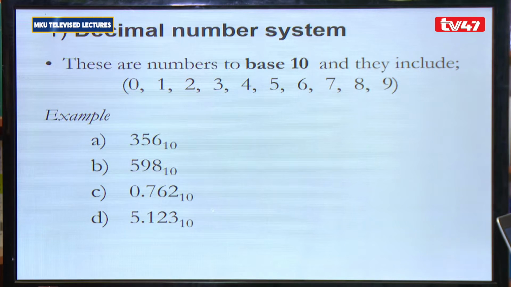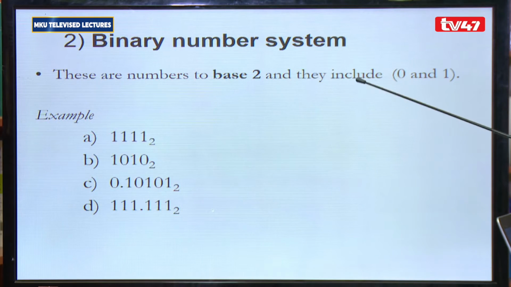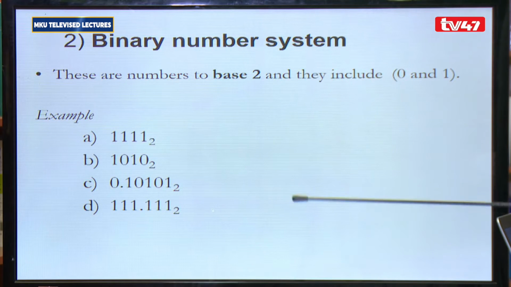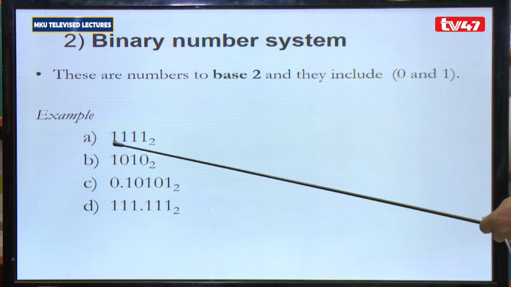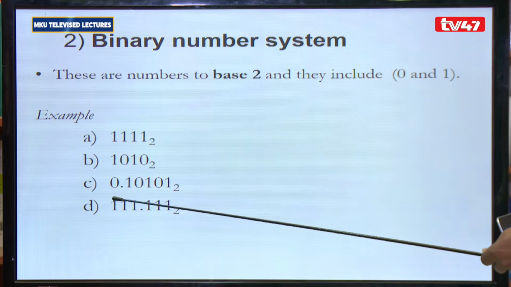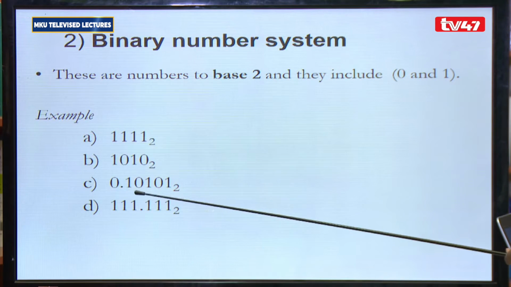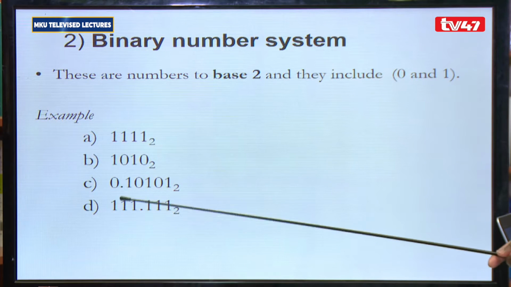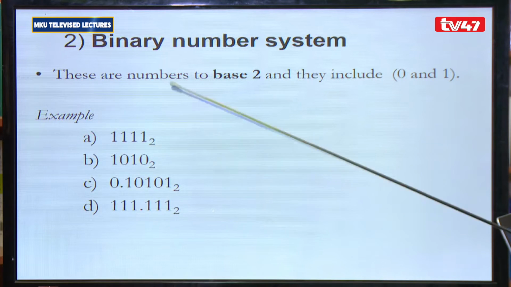So for simplicity, computers are designed using the binary system, which is just based on ones and zeros, and which can be a whole number or a fraction. It can be 0.101, it can be 11.11, and so on.